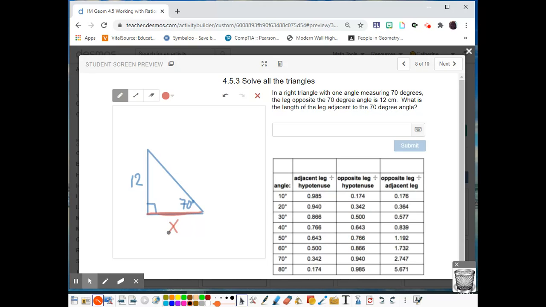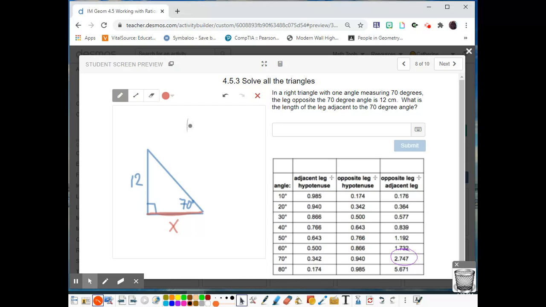Okay, so I look on my chart. Now I have opposite over adjacent. So that's our third column over here. I look at the 70-degree angle, and I see, hey, that's 2.747. And so that's the number I'm going to use. I'm going to set my ratio up equal to, and the ratio again is opposite.